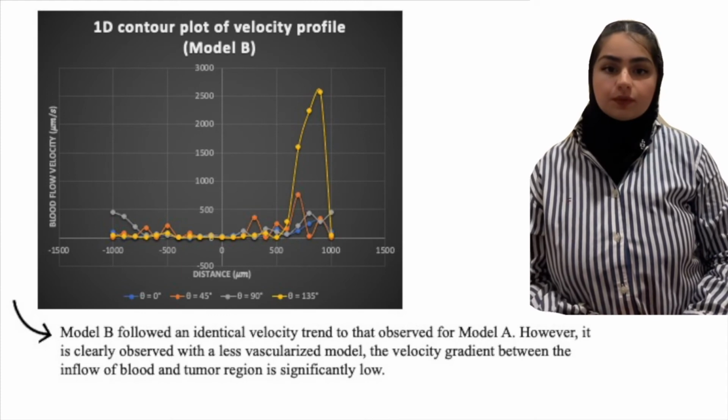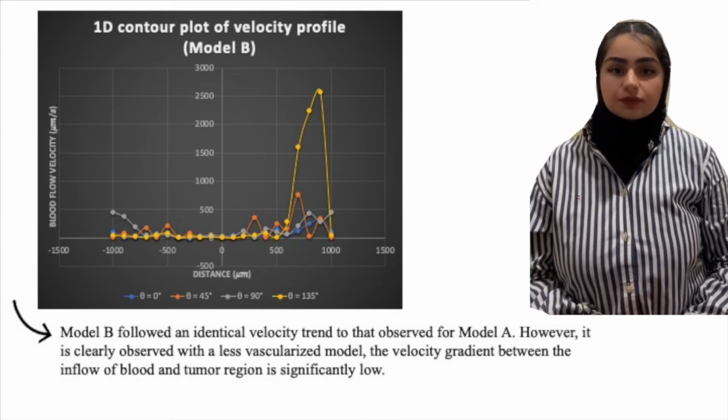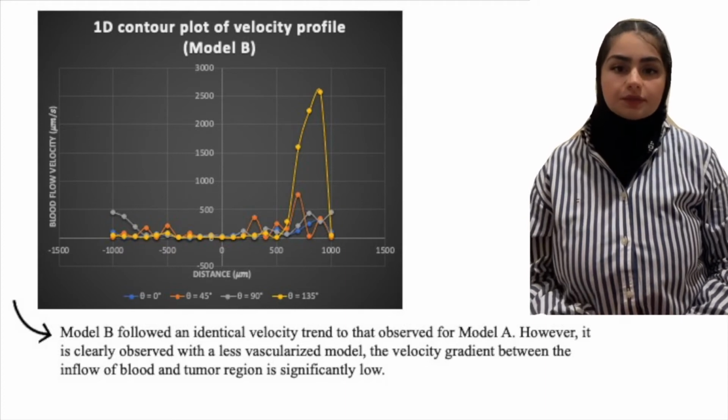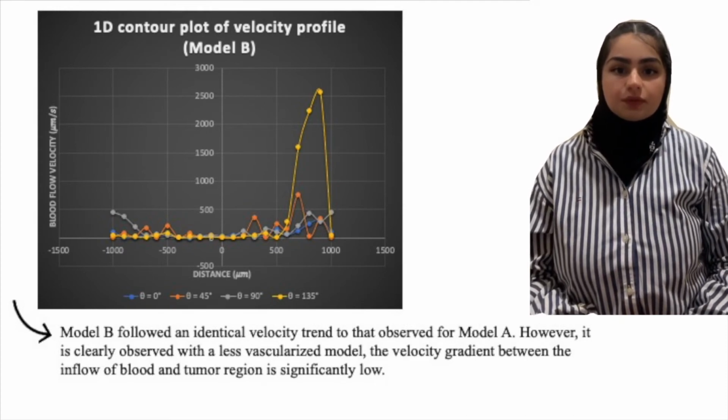Model B followed an identical velocity trend to that observed in Model A. However, it is clearly observed that with a less vascular model, the velocity gradient between the blood inflow and the tumor region is significantly lower.